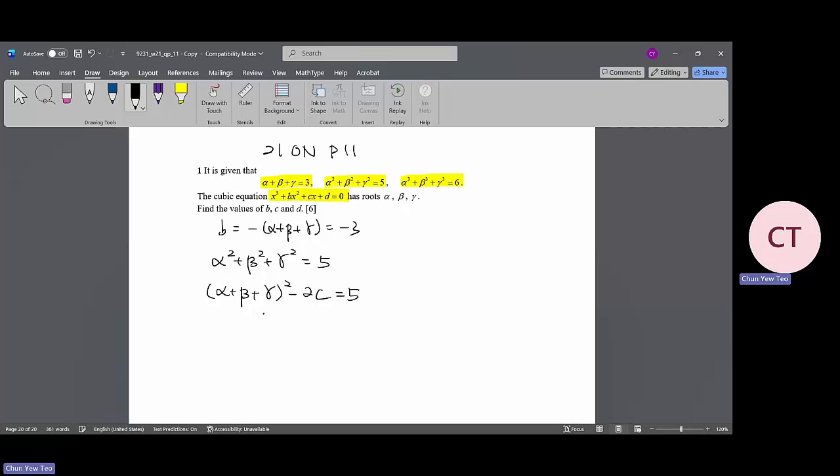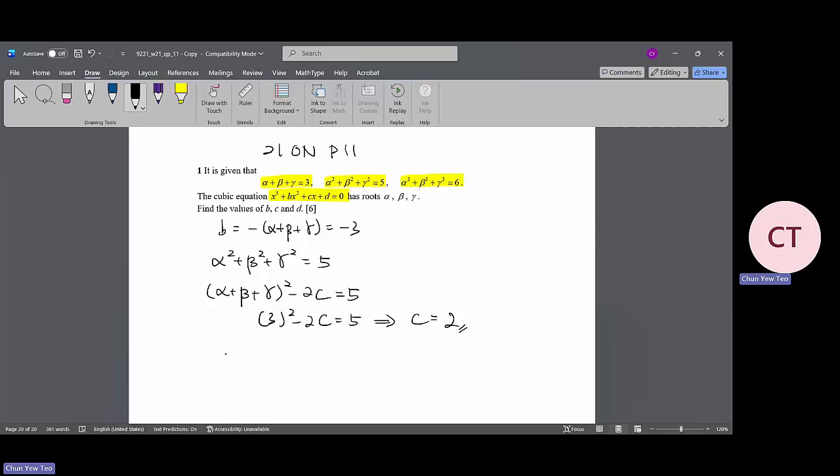So you get 3 squared, not negative 3 squared, minus 2C is equal to 5. Then C is equal to 2. So we found C.